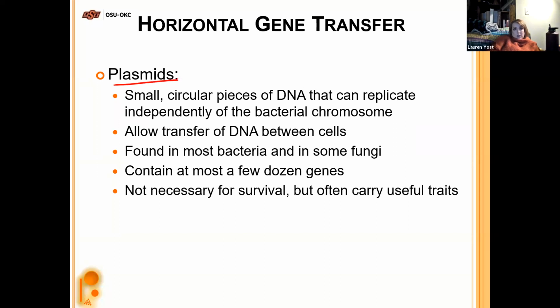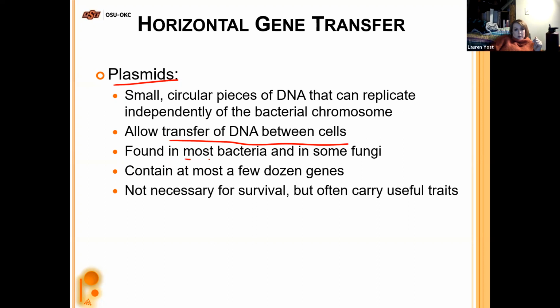Okay, so moving on to horizontal gene transfer and what's going on there. Remember, we said plasmids, important little pieces of circular DNA that can replicate independently from the chromosome itself. We can move them between bacteria, and they can code for things that help the bacteria live. That's not necessary, but it can help it live better. So we can transfer DNA between cells via plasmid.